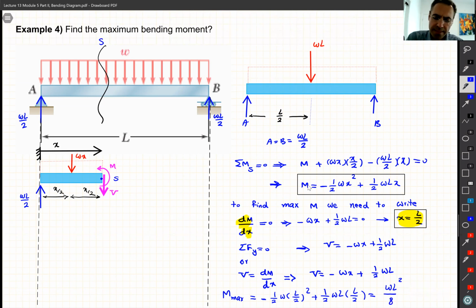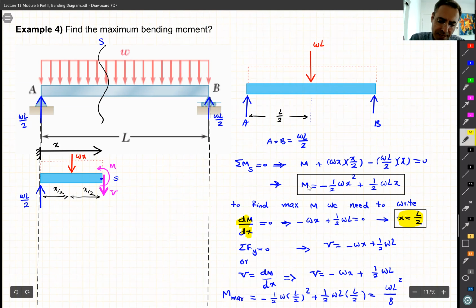All right. And that's a good formula to remember. If you have a distributed load like this one, the maximum is going to be in the middle, and this is the maximum value for M. You can use it as a formula later when you design a simple beam like that one.